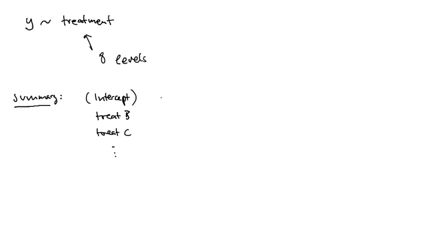Let's say it's 10 here. This will be compared with all the other ones. For example, you get a 2 here and a -2 there. So this means treatment B is 2 units larger than the intercept, and treatment C is 2 units smaller than the intercept. So the actual mean values for these treatments are 10, 12, and 8.